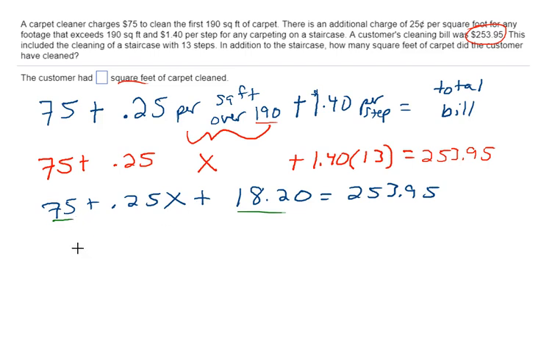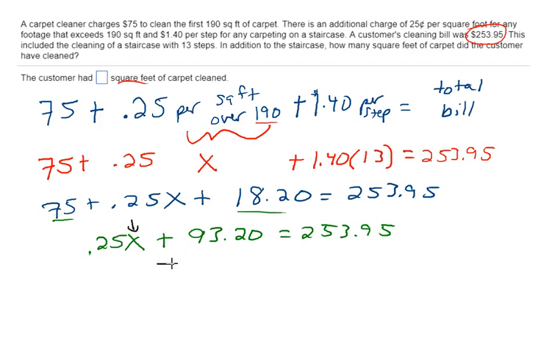So I'm going to go ahead and add these two together, 75 plus $18.20. And so I'm going to get 0.25x, that just gets copied down, plus $93.20 equals the $253.95.